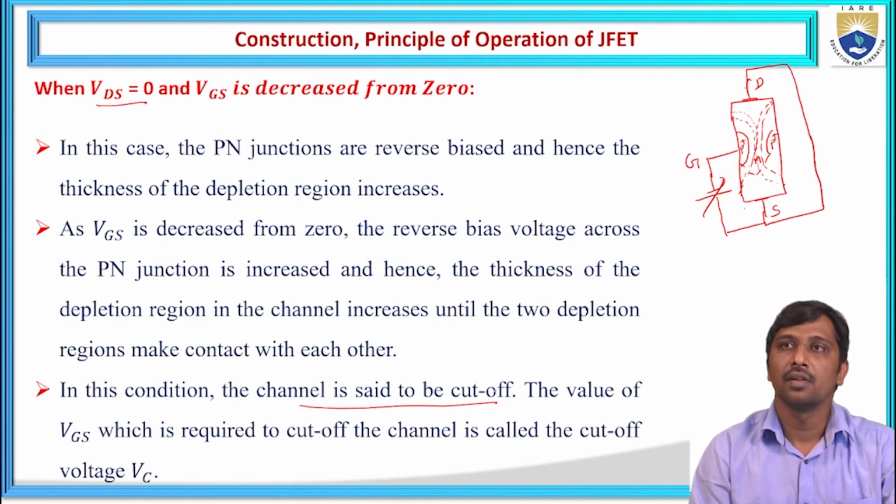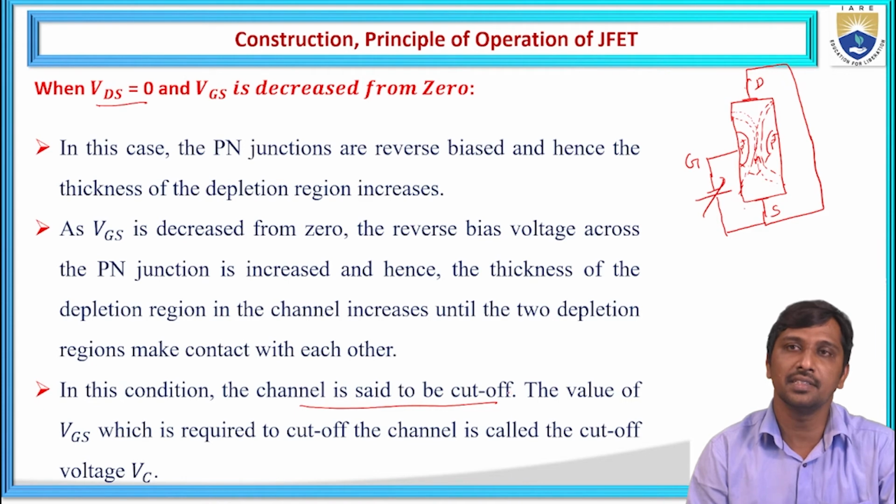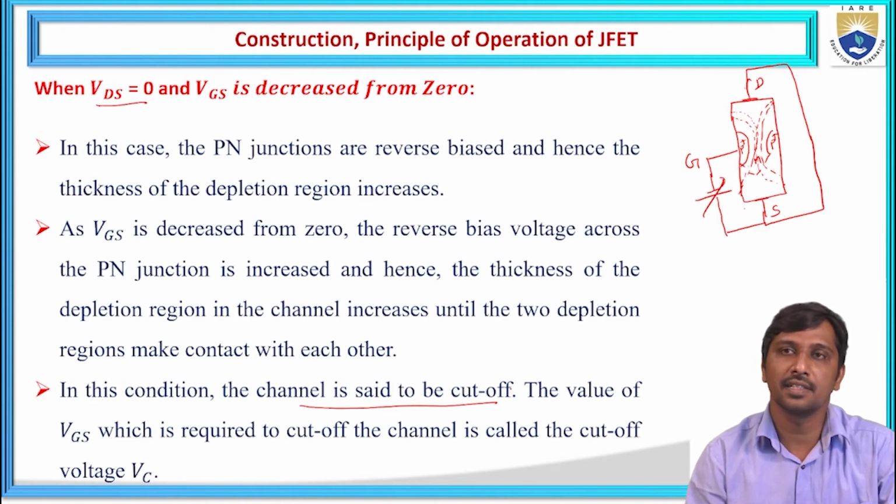So when the reverse voltage between the gate and the source goes on increasing, due to the formation of these junctions, the depletion widths increase. At very large reverse voltage, the depletion widths become shorted, hence the channel region or channel width disappears.